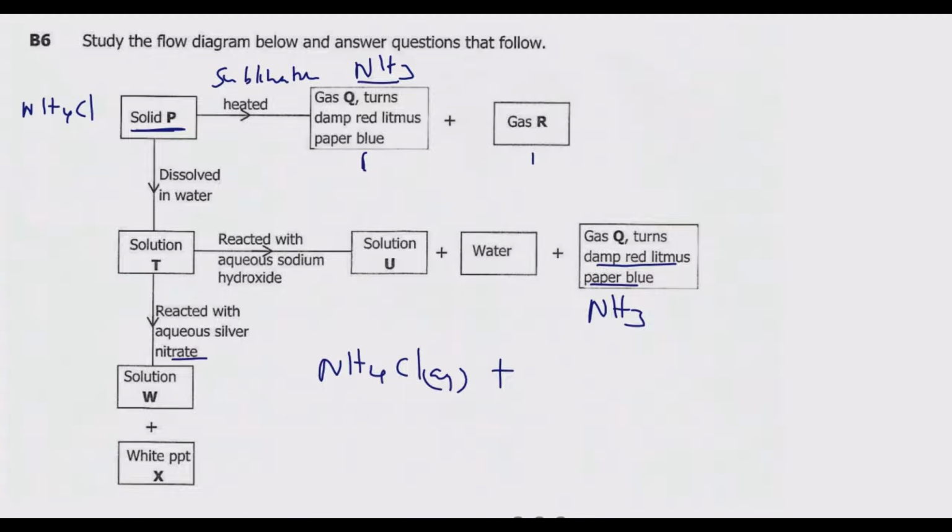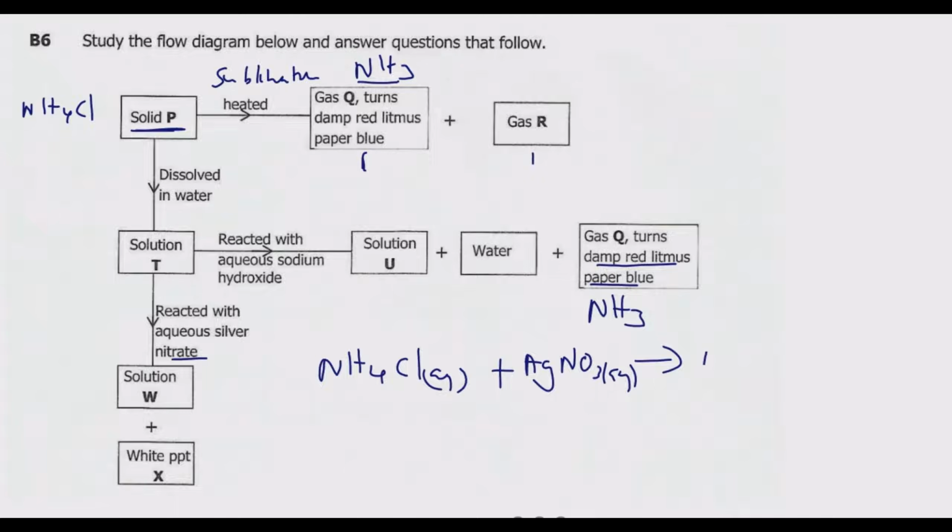Then we are reacting it with silver nitrate, which is also aqueous because it's a soluble salt. Then what we are going to get is a double displacement.